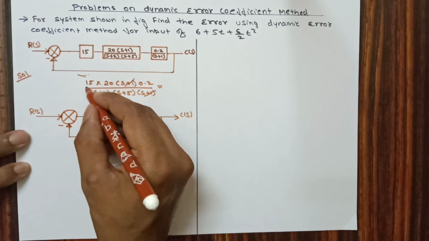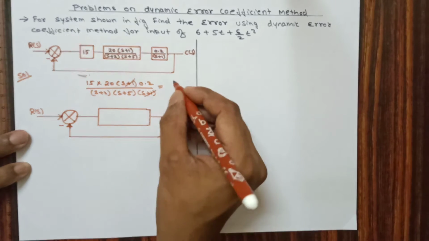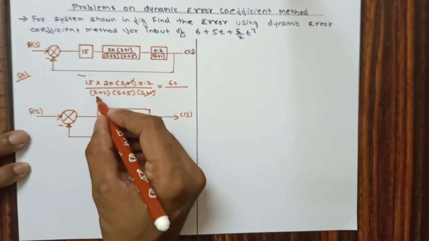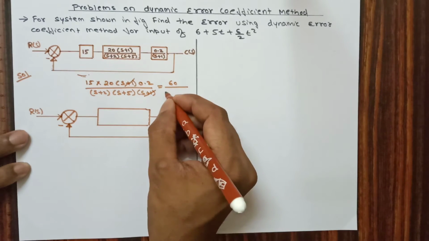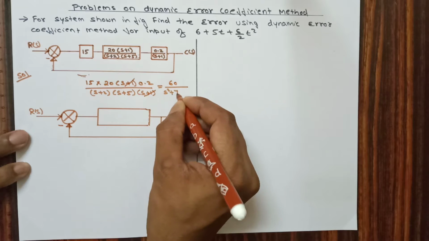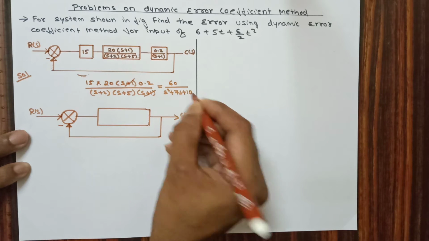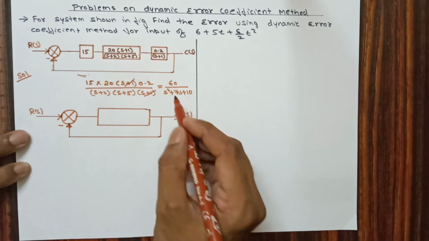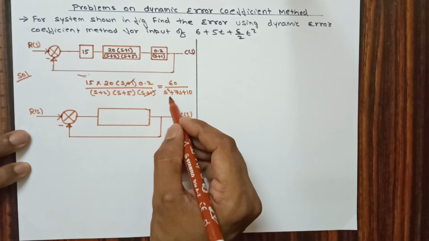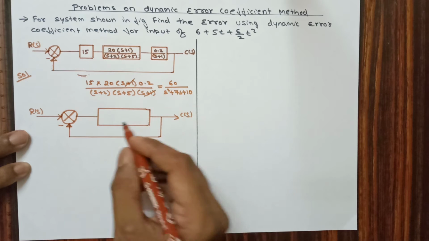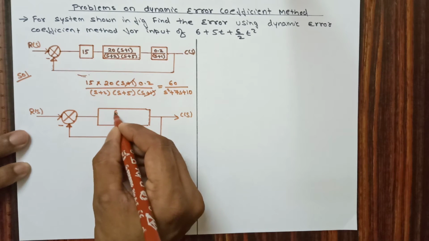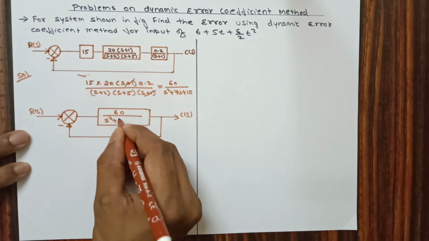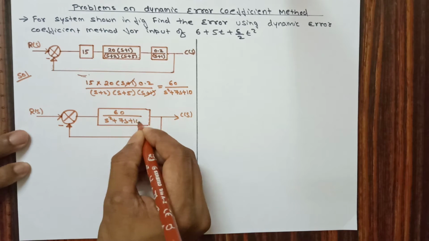We'll get 15 into 20 into 0.2, which is 60, divided by, multiplying these two, s square plus 7s plus 10. So by combining these 3 blocks, we got a value 60 divided by s square plus 7s plus 10.